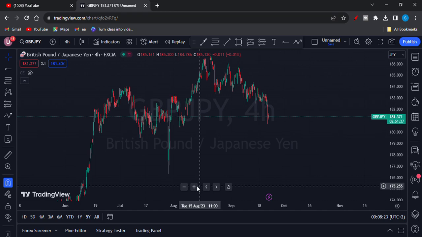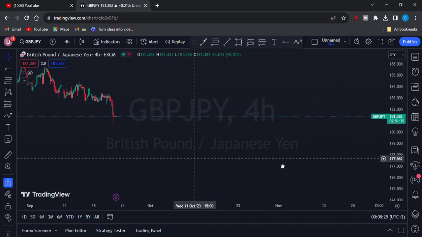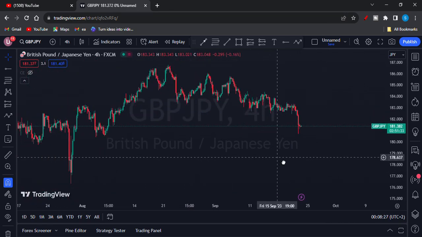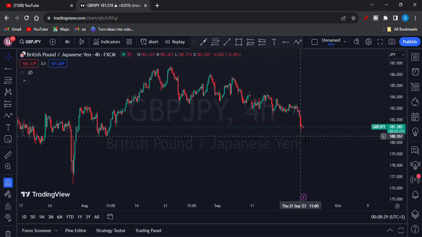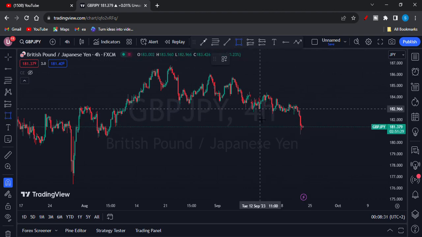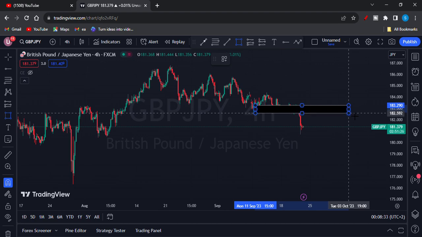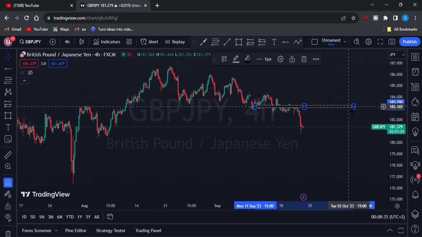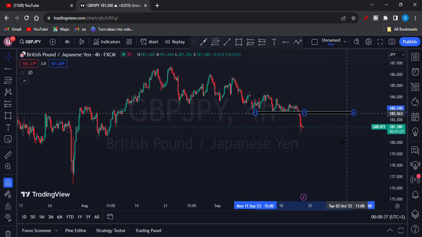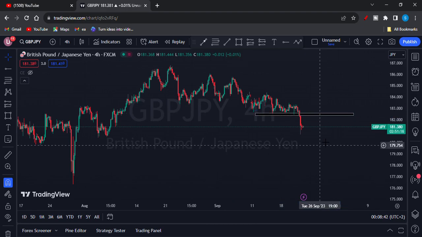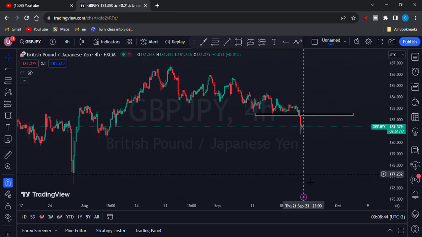And then let me block this. So on the 4 hour we had this huge push to the downside, and then we have this zone right there. Let me fix this zone. Yeah, this zone right there.